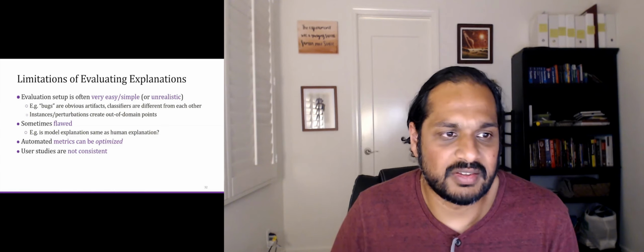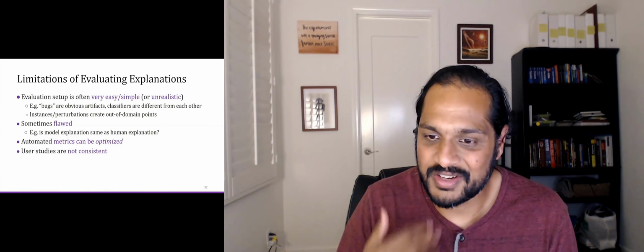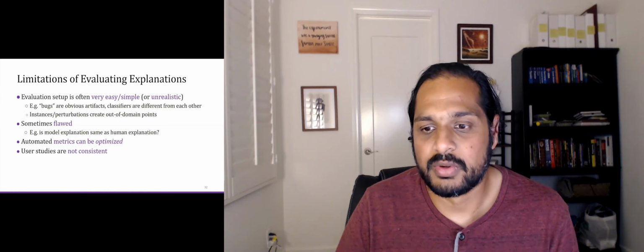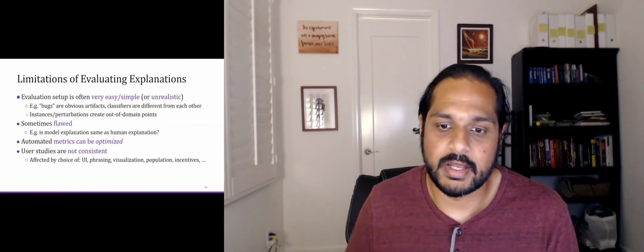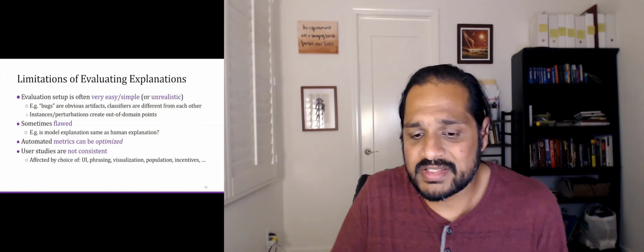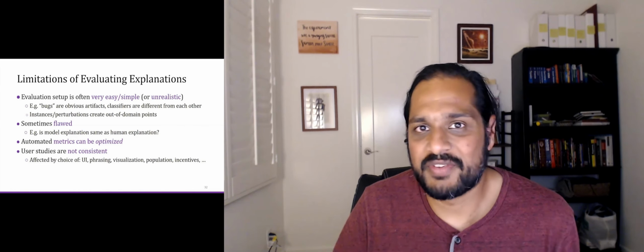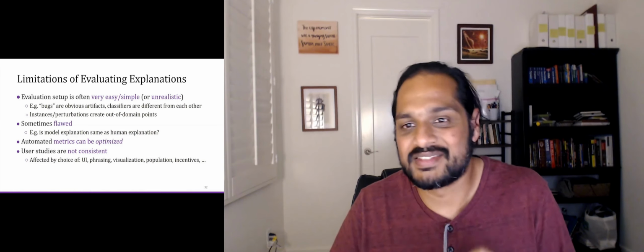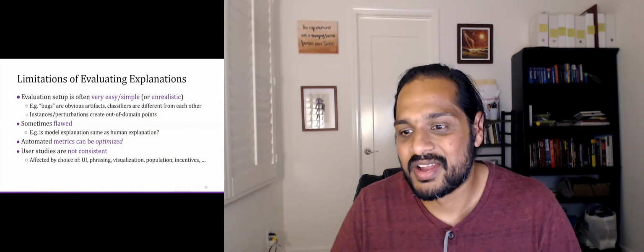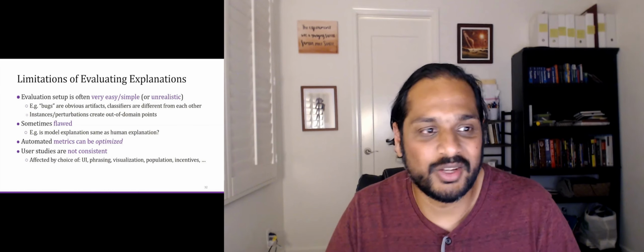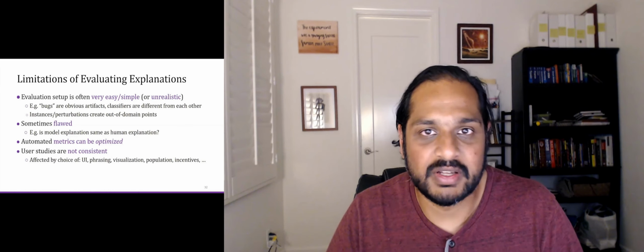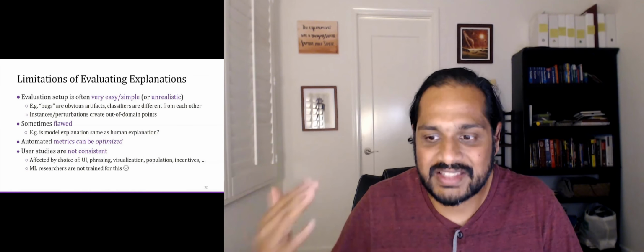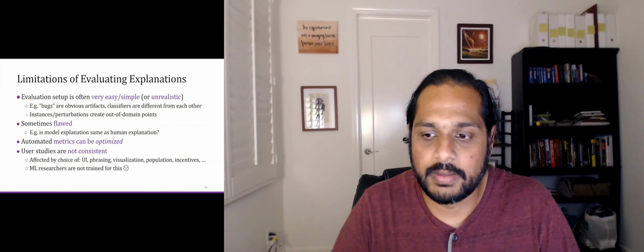And finally, I think this is one of the problems fundamental to the study of interpretability: the user studies that we do are often not very consistent. Essentially, the results can be affected by the choice of UI, by the choice of phrasing, visualization, which population you're evaluating on, how you set up the incentive structure, a lot of these things. And it's never clear whether reproducing these results would actually give you the same results or not, right?